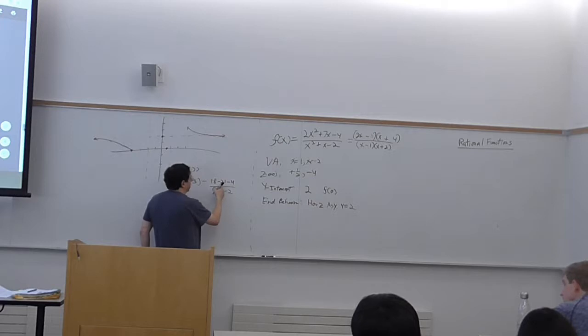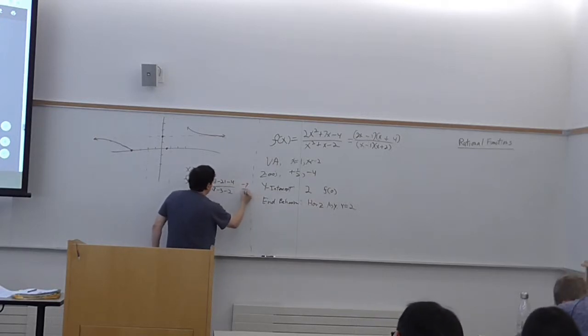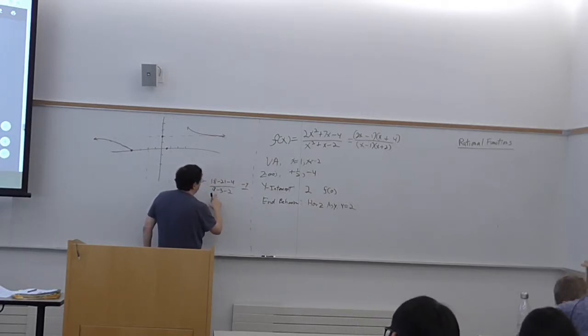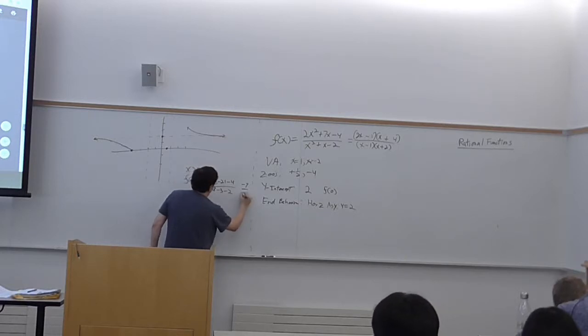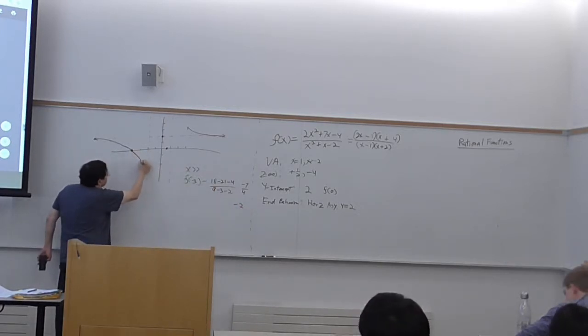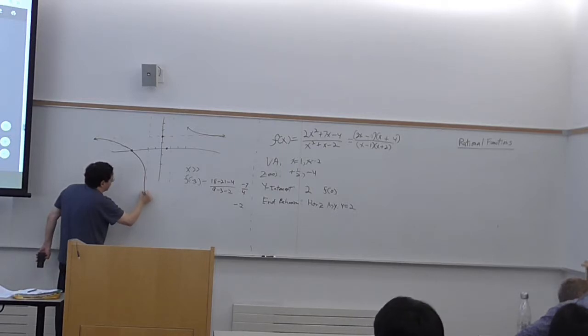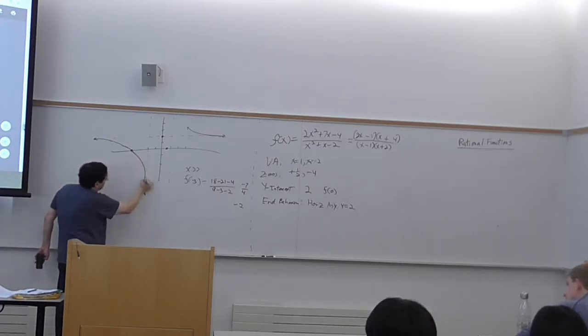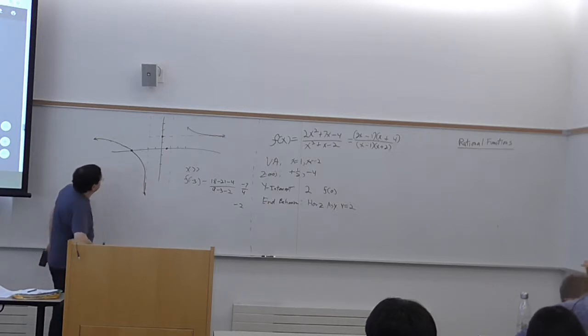Okay, so that's -7 over 4. About -2. But what do we see here? It's negative. So just as it kind of looks, it's approaching this asymptote negatively.